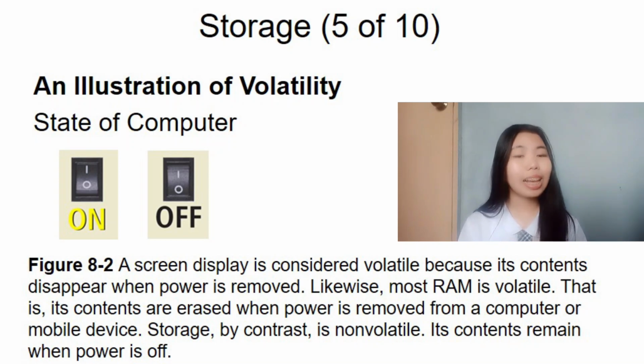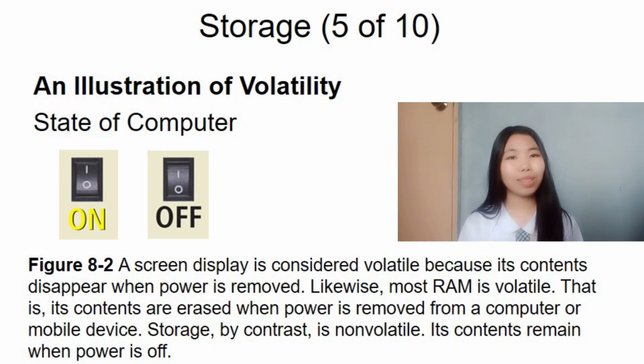Yung volatile, are you familiar with RAM? Yes, RAM. I'm pretty sure you are familiar with RAM. Isa itong example ng volatile. Bakit? Kasi kapag in-off siya or nawawala yung power niya, nawawala din yung content niya. Pero kung may volatile, ano naman yung mga non-volatile?